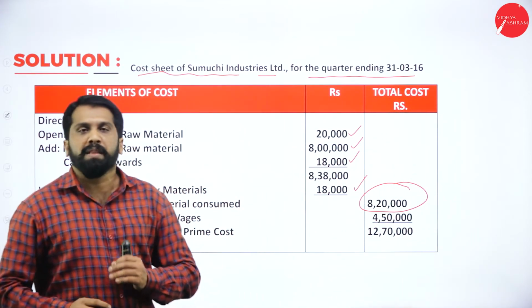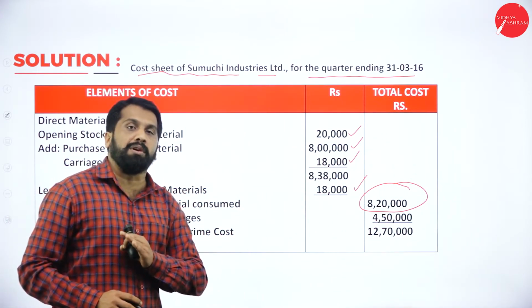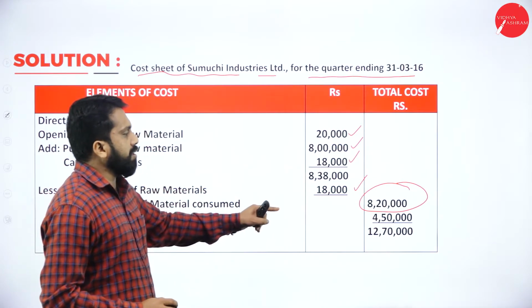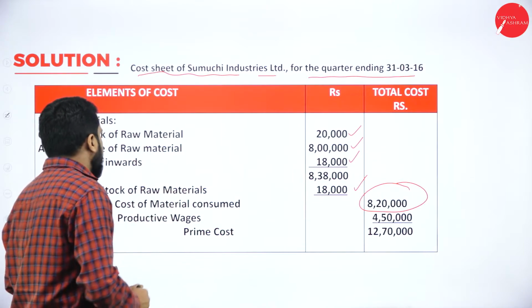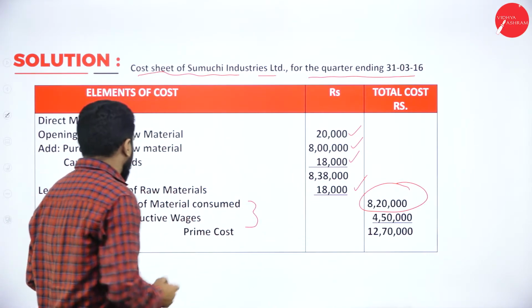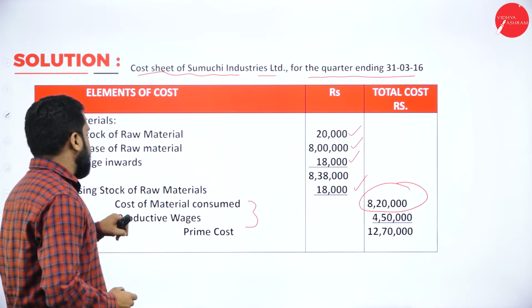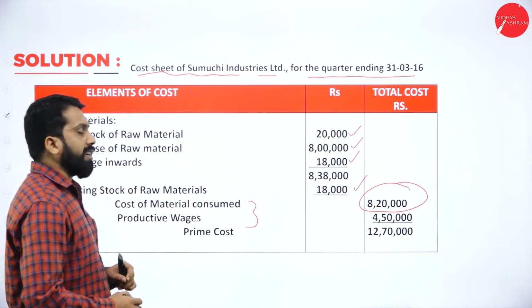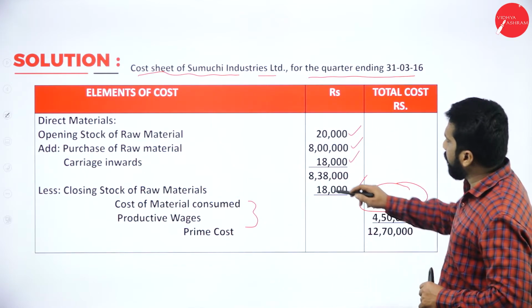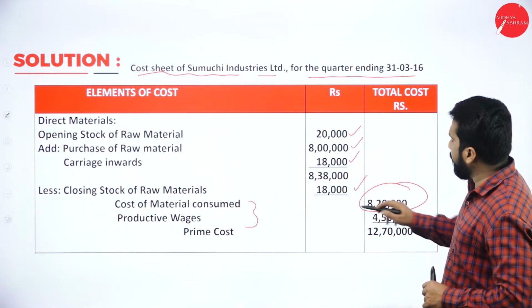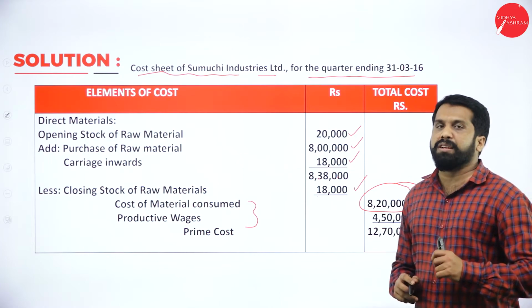In this problem, cost per unit has not been asked. That's why we are doing the normal problem. Now, once you're done with this, in the question they have given cost of material consumed as well as productive wages. Cost of material consumed 8,38,000 minus 18,000, 8,20,000.